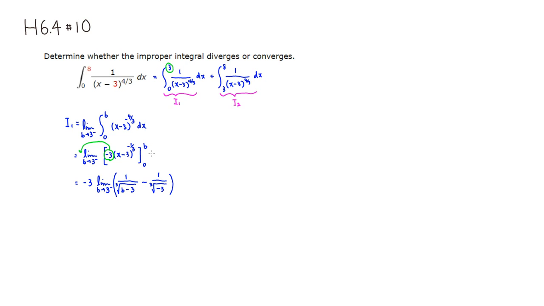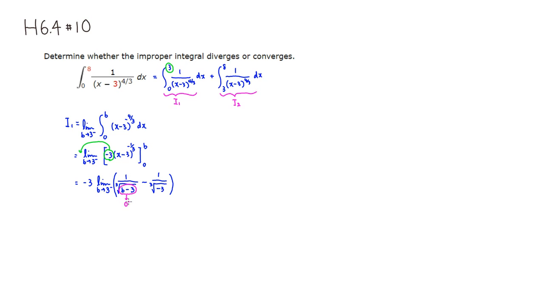But what happens here is, as b approaches 3 from the negative side, this is slightly less than 3, so b minus 3 is slightly negative, so it approaches 0 from the negative side. If you take the cube root of a small negative number, it's still a small negative number.